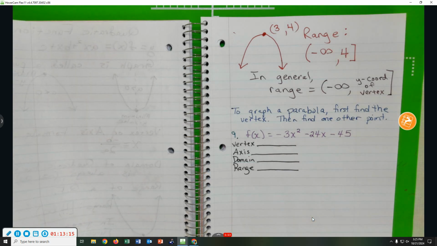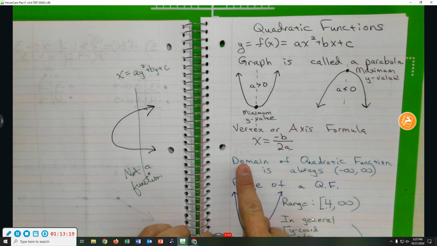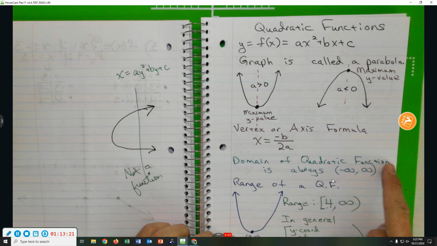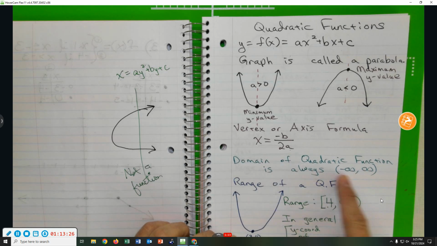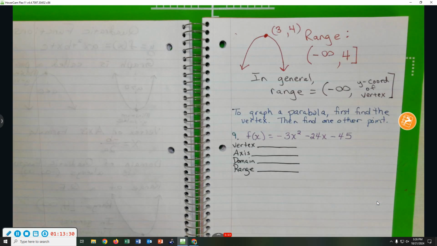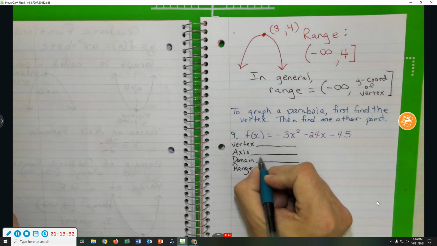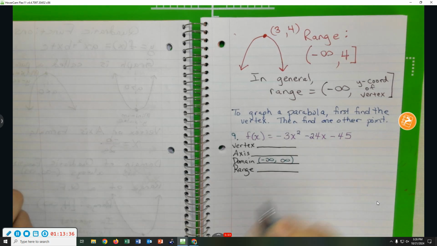If it's a quadratic function, I think we know something about the domain. The domain of a quadratic function is always negative infinity, comma infinity. So that one we can write in right now. We'll just wait and type it in later.